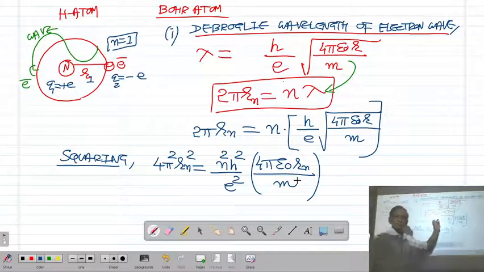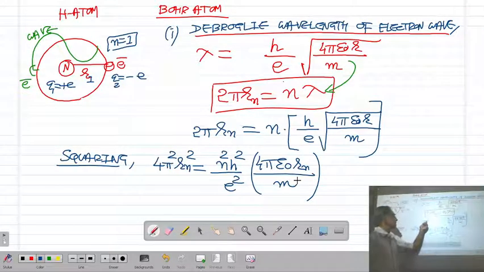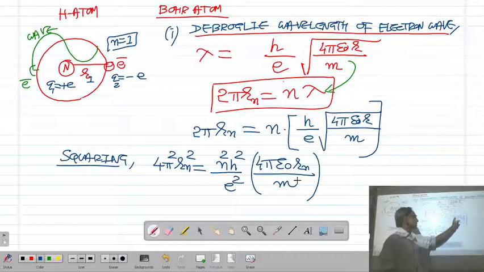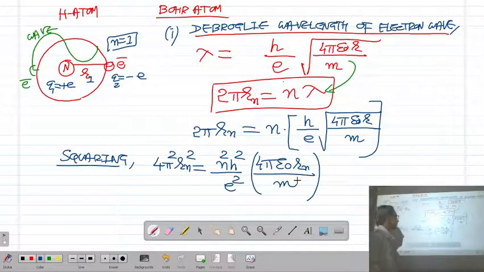So squaring on both sides, we get 4 pi square rn square equals n square h square upon e square times 4 pi epsilon 0 r upon m. So one rn is cancelled.